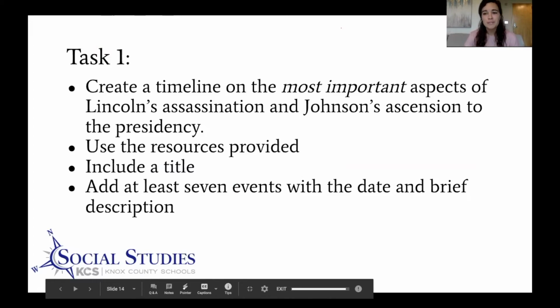It is also important to keep in mind that your events are in chronological order, so they have to go in the order in which they happened. So that is your timeline. You may also use your textbook if you have it at home or if you have access online for additional resources for this task and the next task that I am about to explain to you.